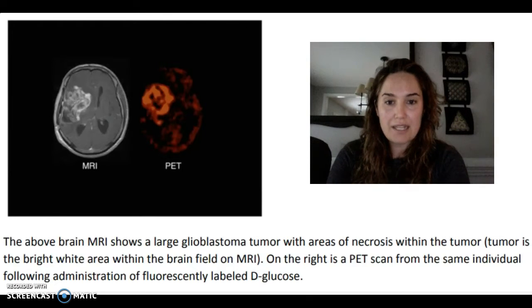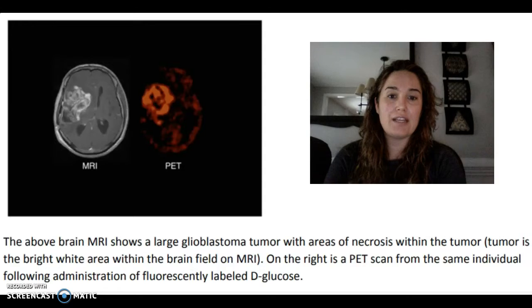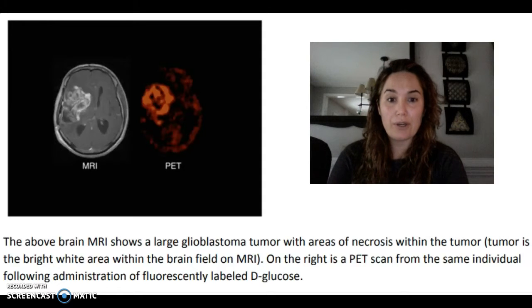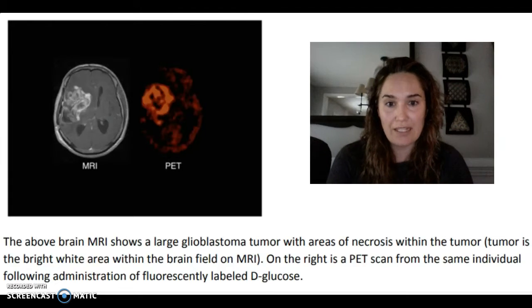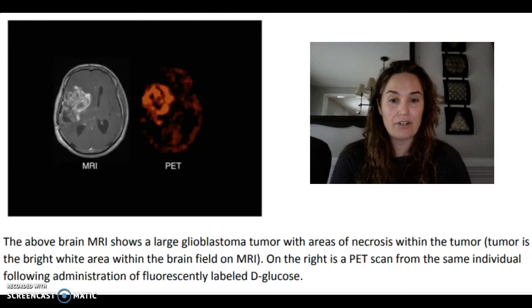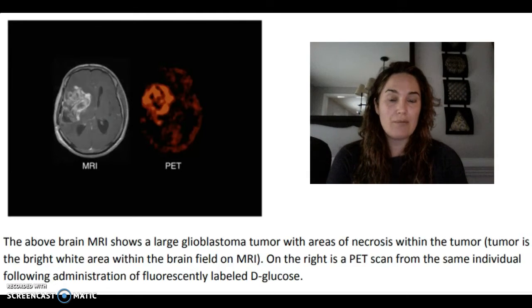On the opposite side is the PET scan from the same individual, following administration of the fluorescently labeled D-glucose. Using the following questions, we are trying to determine if glucose uptake differs in the tumor when compared to surrounding tissues.